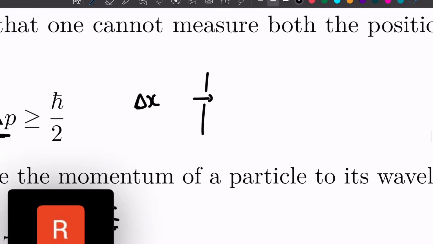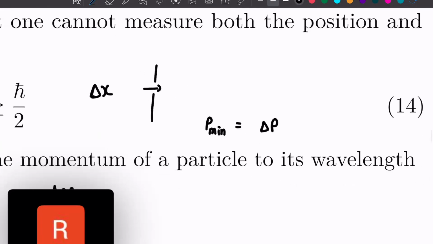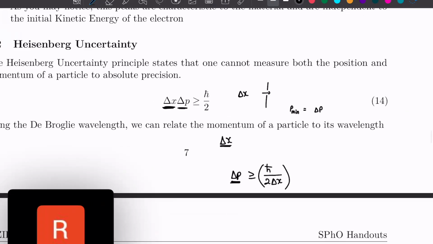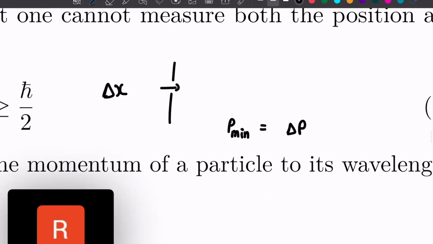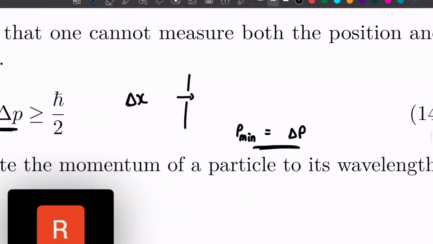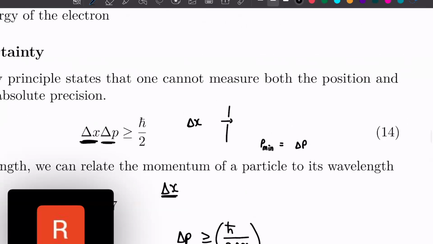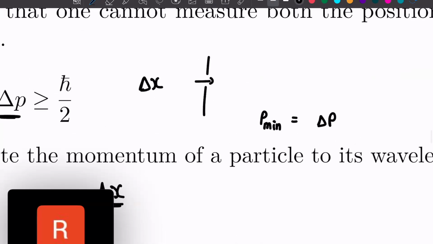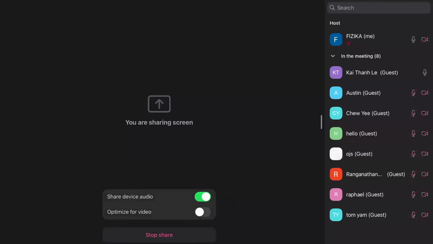And for some reason, minimum momentum is basically your delta P. I don't really know why, but this is, I guess, exam tactics. In most cases this is true. But of course you have to think about whether there's some other way to get P min, then that'll be the better way. But if there's really no other way, okay.